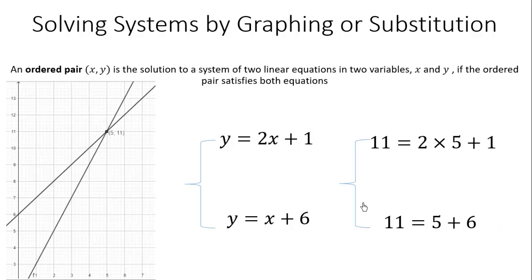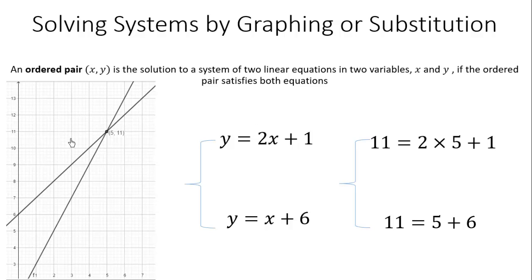So what we just did is just an instance or one case when we have two linear equations in two variables. This is just a case where the solution is unique. That is the straight line that represents the line y equal 2x plus 1, which is this line, and y equal x plus 6, which is this line.